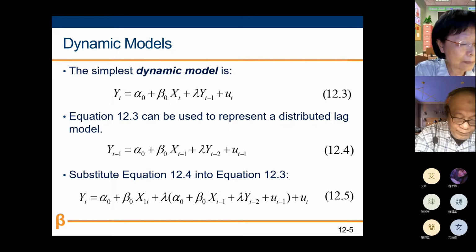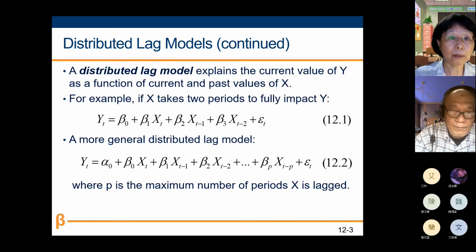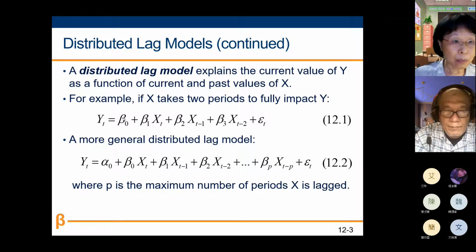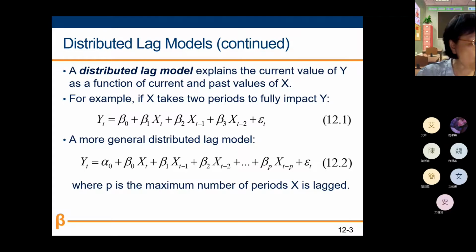Consider the impact of advertising on sales, where Y is the sales and X is the advertising. Most analysts believe that people remember advertising for more than one time period, so advertising affects sales in the future as well as in the current time period.